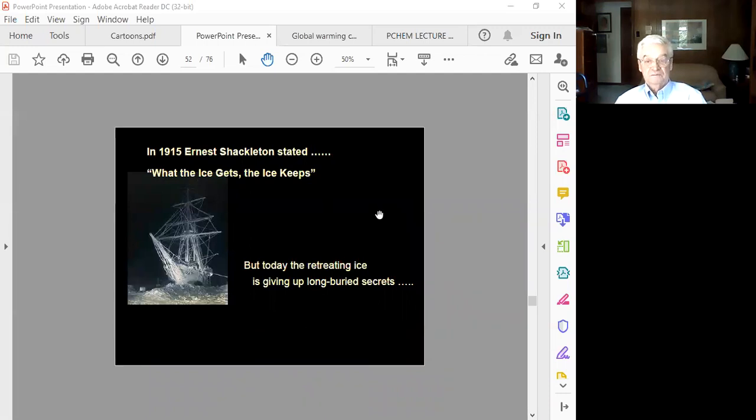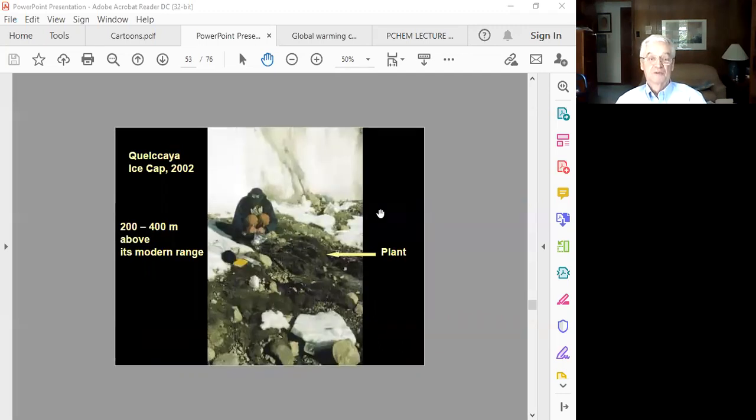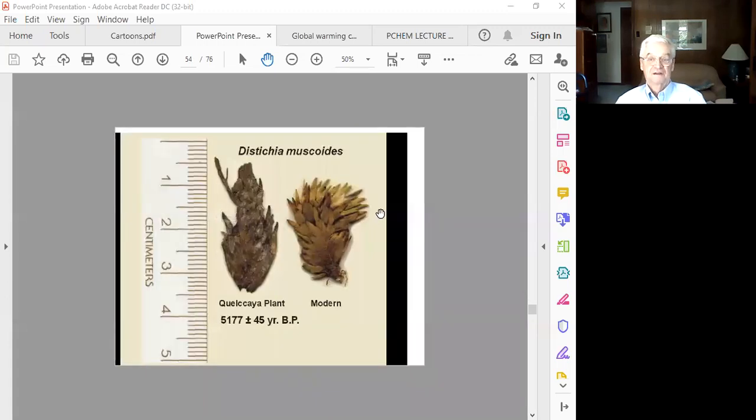The next couple of slides show some things that they found in their ice cores. Here's a picture of a plant that they found, and so they found what it was. I think BP refers to BC in our normal terms, so this would be probably 7,000 years ago.